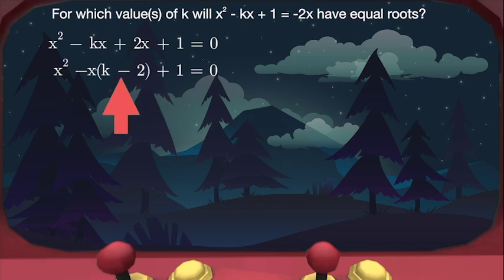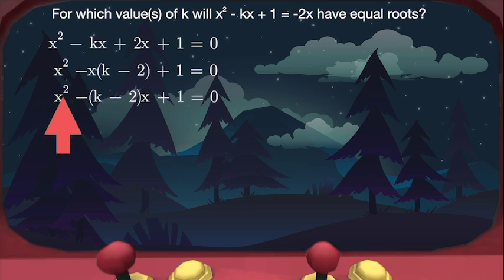Now our quadratic equation is in the right form. To show you more clearly, I'm going to rewrite this as x squared minus (k minus 2) x plus 1. Now you can easily see that this is ax squared, this is our b, so this is our bx, and the plus 1 is our c.